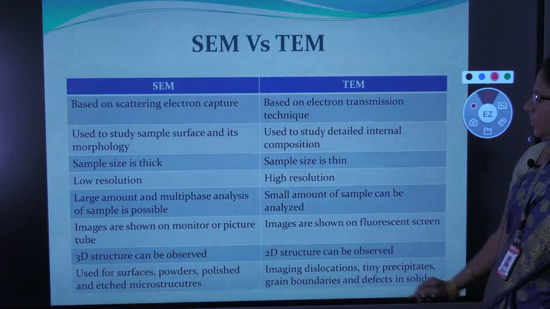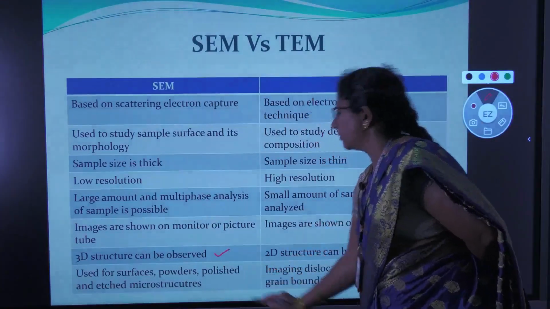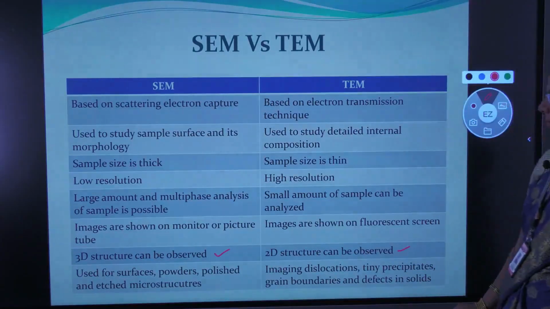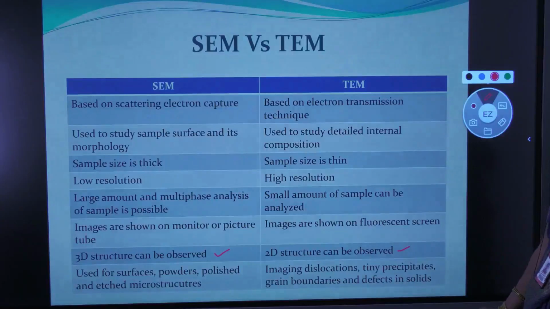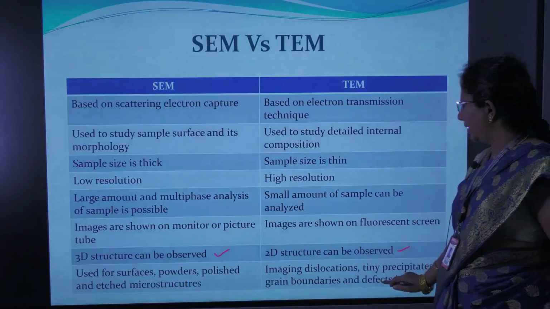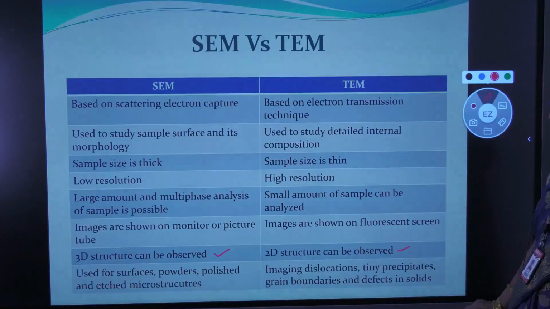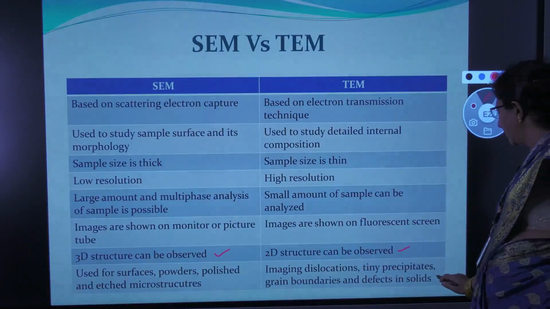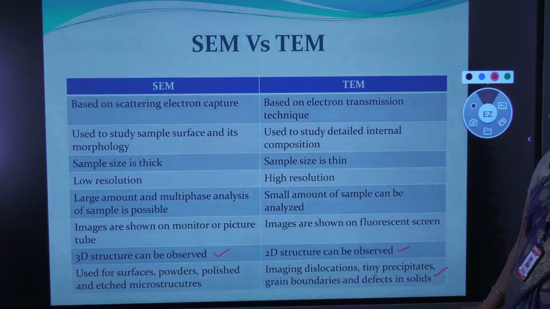In SEM, a three-dimensional structure can be observed, and in TEM, a two-dimensional structure can be observed. SEM is used for surfaces, powders, polished and etched microstructures. And TEM is used for imaging dislocations, tiny precipitates, grain boundaries and defects in solids.